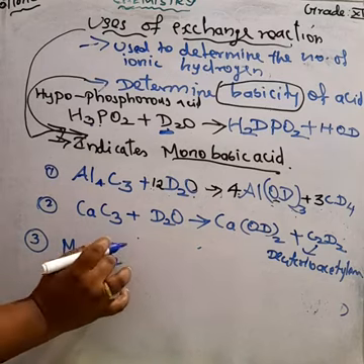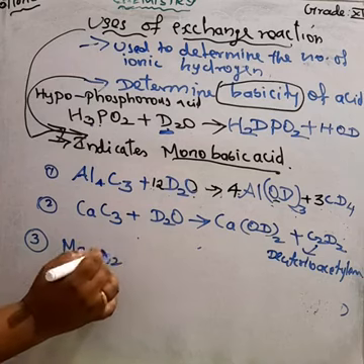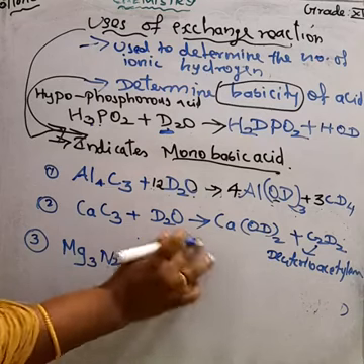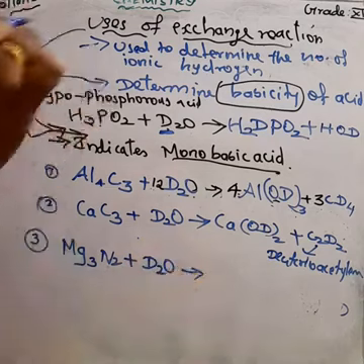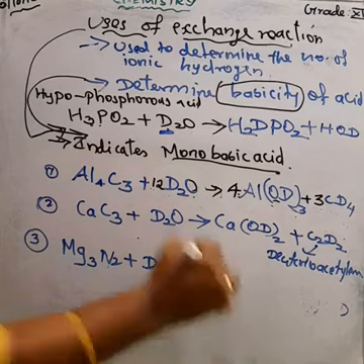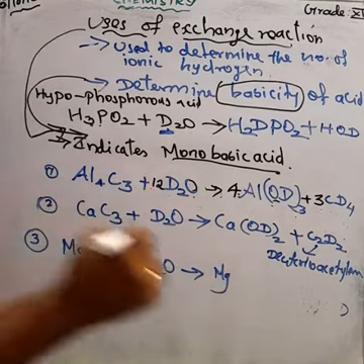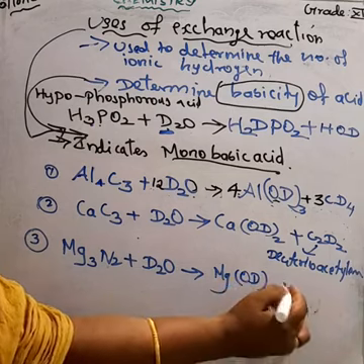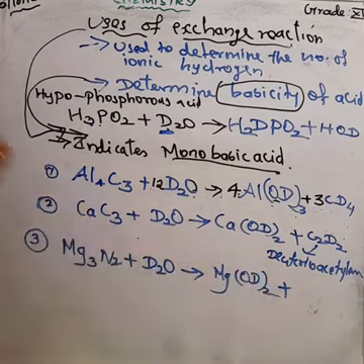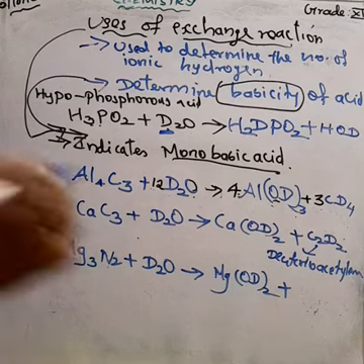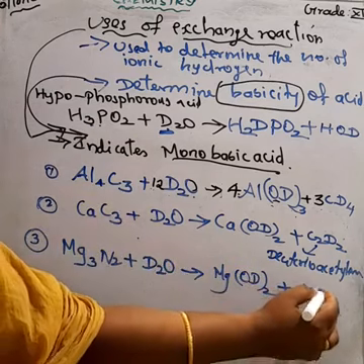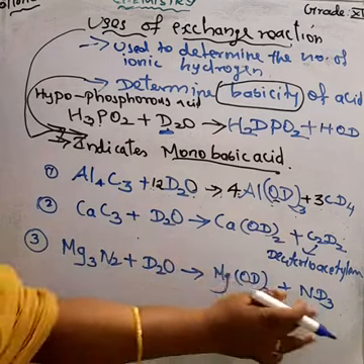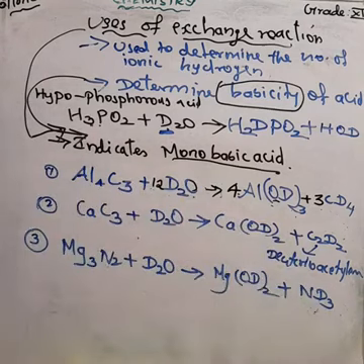When treated with heavy water D2O, we get magnesium deuteroxide, and then we get ND3, deuterated ammonia. ND3, deuterio ammonia, we get.